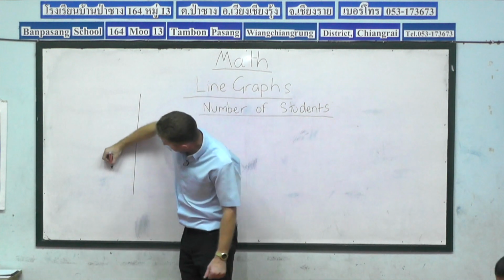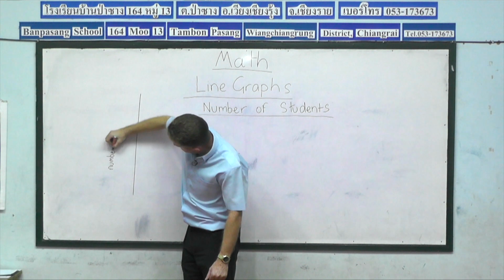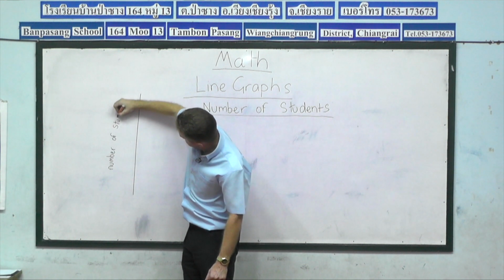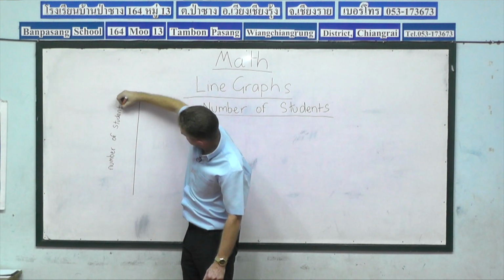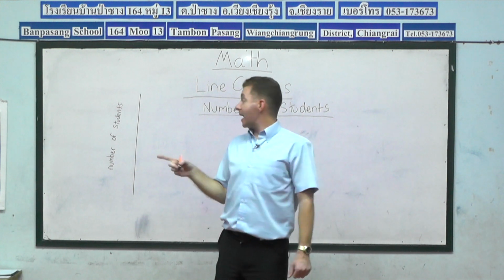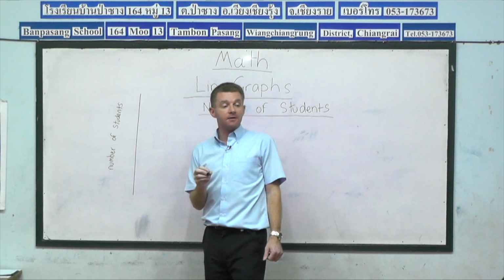So the label will be number of students. Excellent. And then after we've given the vertical axis its label, it needs a scale.